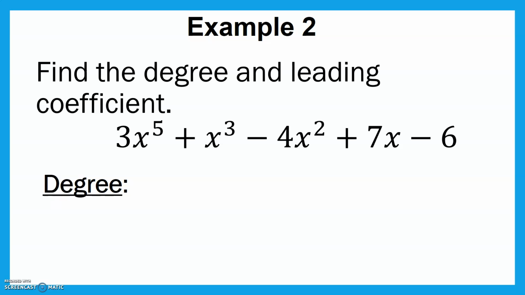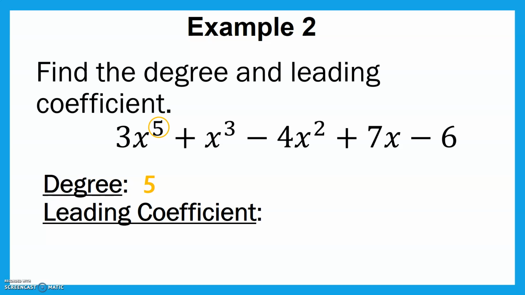I'm going to look at the degree first, and because it's a polynomial, it's just the highest degree. It's the first term, so the degree is 5. Then I look at the leading coefficient. It's the number in front of the variable that has the highest degree, so it's 3. It's the number in front of the x^5. So 3 is my leading coefficient.